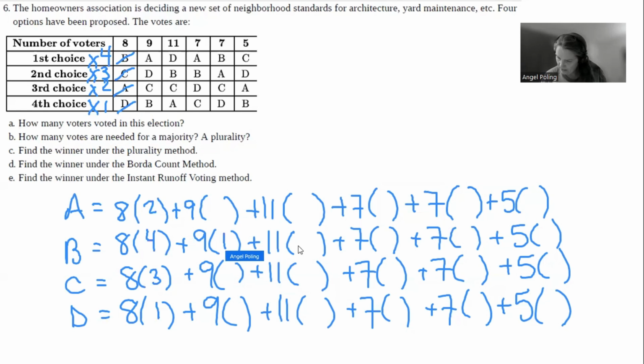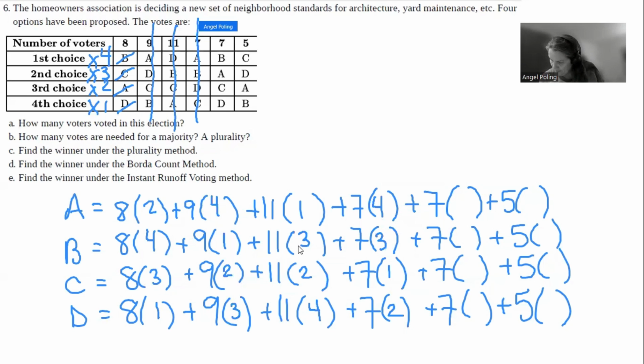So in the 9, B is the lowest, then C, then D, then A. In the next column, A is the last choice, C is the next to last, B, and then D. Your first column of 7, C is in last place, D is in next to last, and then you've got B with the high and A with the highest.